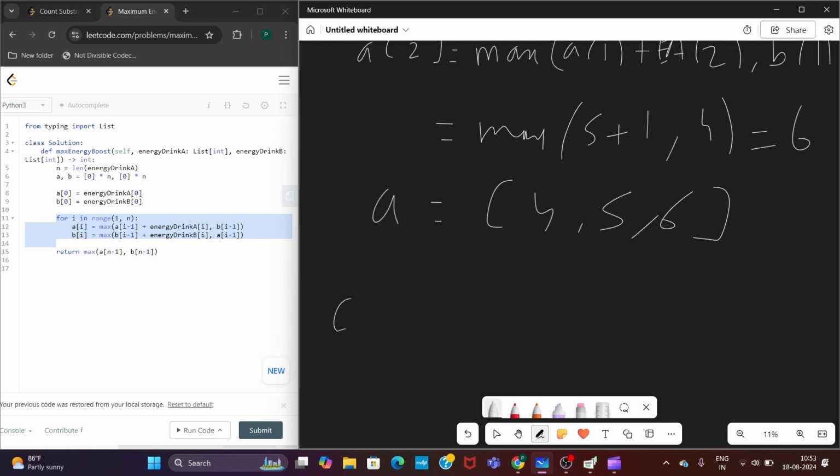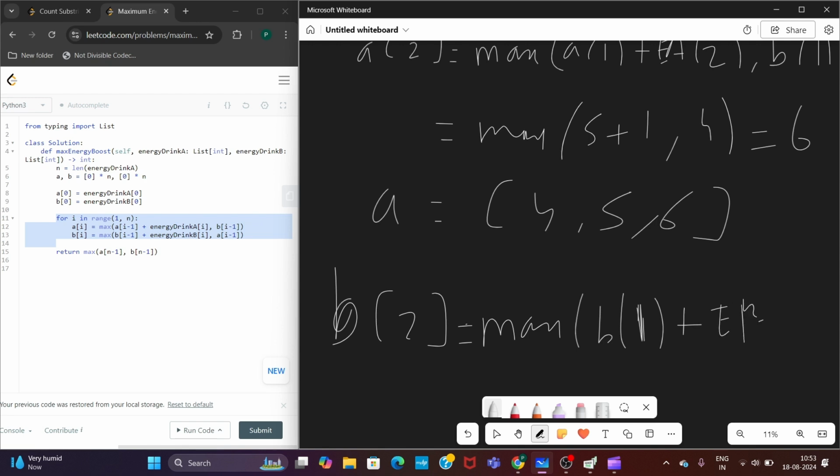Then moving forward to b. So my b of 2 will be what? Maximum of small b of 1 plus energy drink of b of 2. Oh, sorry, not plus.